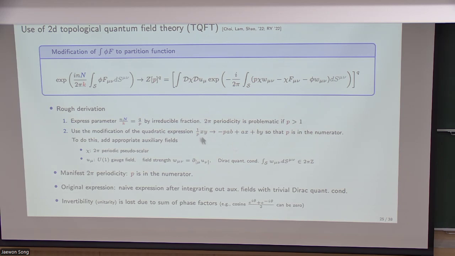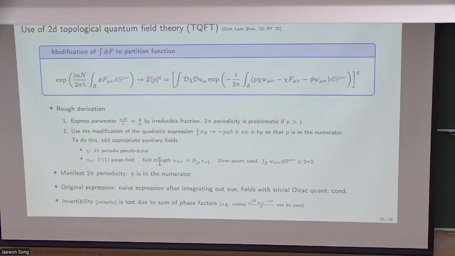To do this in the quantum field theory, we add appropriate auxiliary fields, such as a 2-pi periodic pseudoscalar field, chi. This chi is different from the pseudo-Nambu-Goldstone boson, sorry. And further we introduce a U1 gauge field living on the symmetry generator.